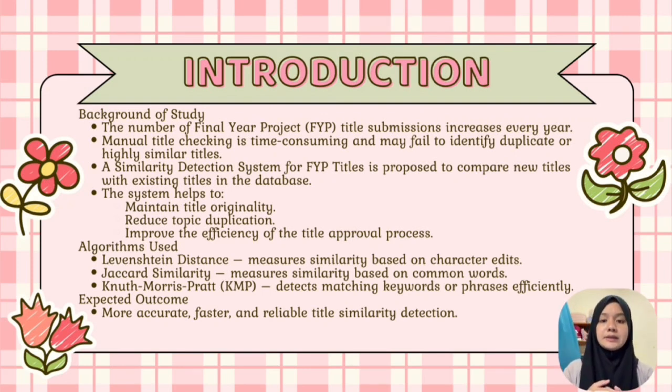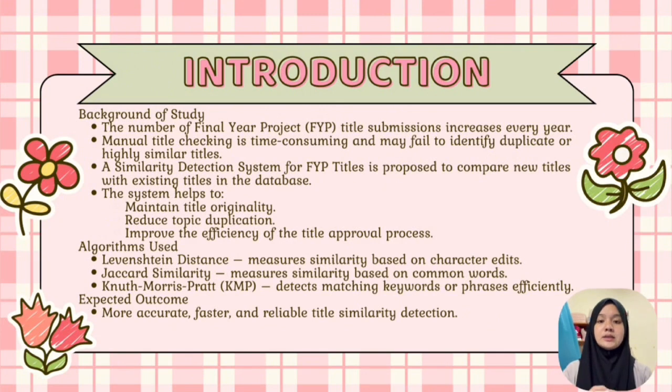To perform the comparison, the system uses three algorithms. The first is Levenshtein distance, which measures similarity based on character differences between two titles. The second is Jaccard similarity, which compares the common words found in the titles.